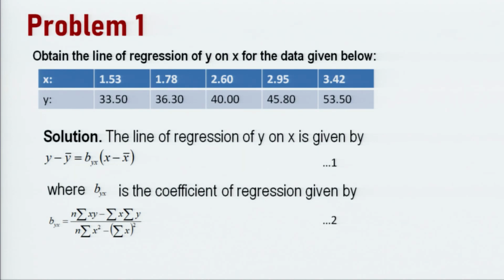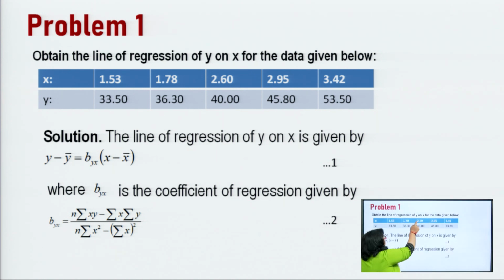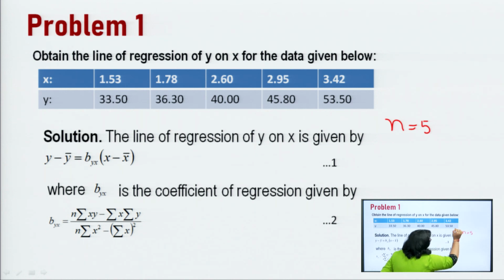Okay. After knowing what is regression and what are the equations of regression lines, we solve the problems. Obtain the line of regression y on x for the data given below. Here x is given and y is given. What is n? N is 1, 2, 3, 4, 5, that is n is 5. Find the equation of y on x.